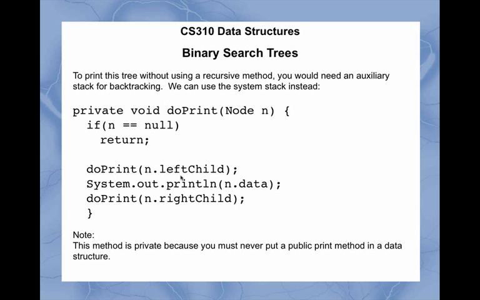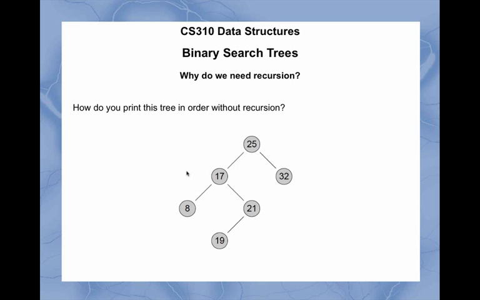So we go back in with the 17, and the first thing we hit is go left with the 17, which is the 8. So in other words, we do the go left, go left, go left steps. That's what happens first. Then, because the go left off the 8 is null, the middle step, the print, happens on the 8 next.